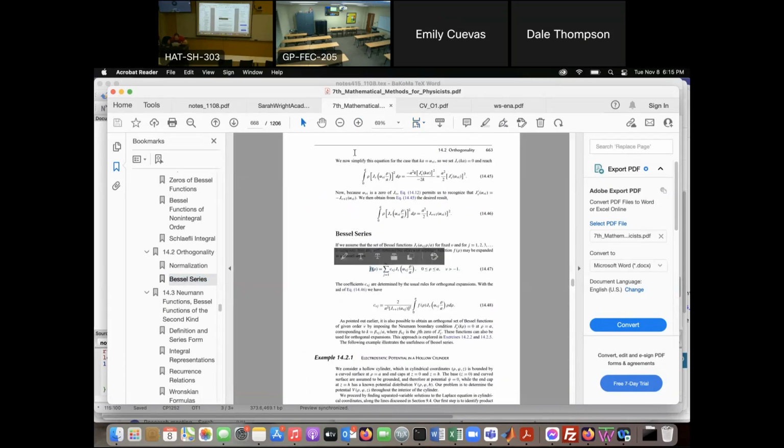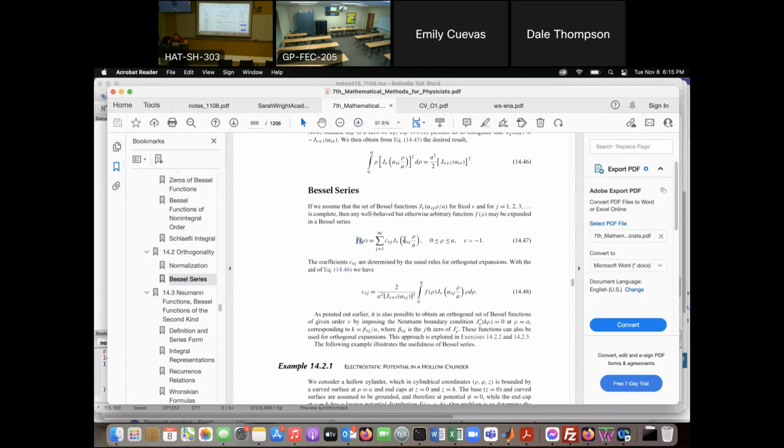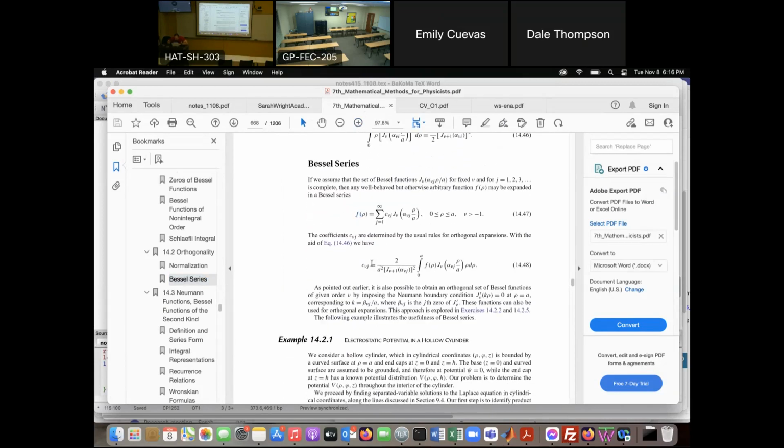Now, whoops. Okay. So then you'd be using this formula to get the coefficients. So this is playing the role of the an in that series.